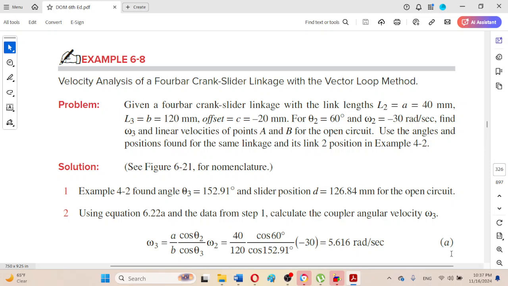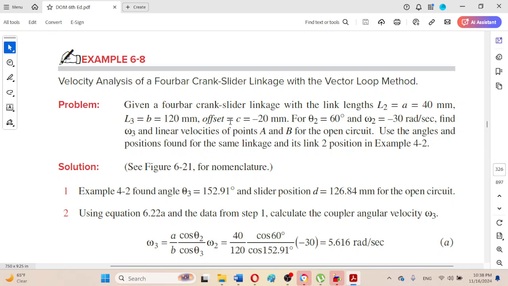So the statement of the example is written here: given a 4-bar crank slider linkage with the link lengths L2, which is link number 2 or the input link, and its scalar length is A, 40 mm. L3 is the link always in complex motion for the case of 4-bar mechanism, and its scalar length is denoted by letter B, 120 mm.